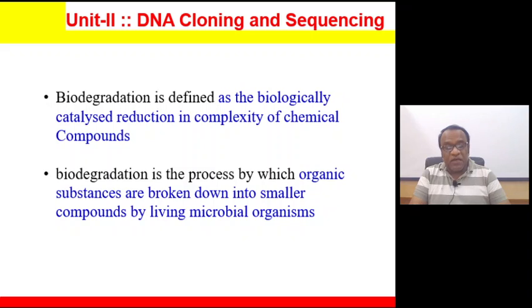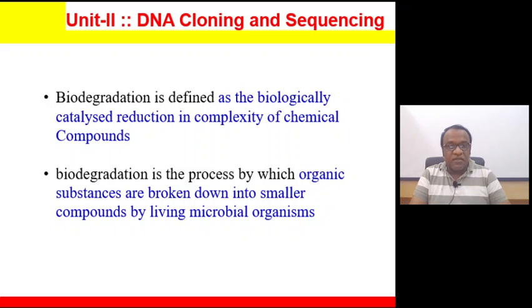So the microbial organisms, we know that they break down or transform the substrate or the organic substances through metabolic or enzymatic processes. So this process, that is through metabolic or enzymatic processes, is divided into two types of process.